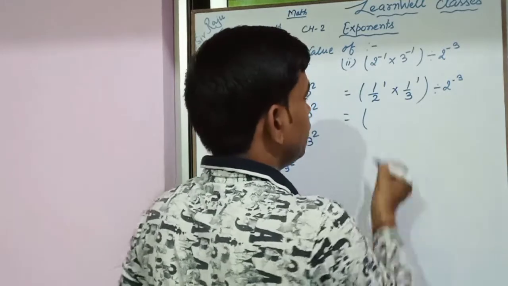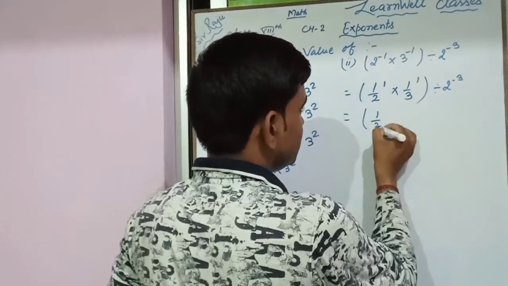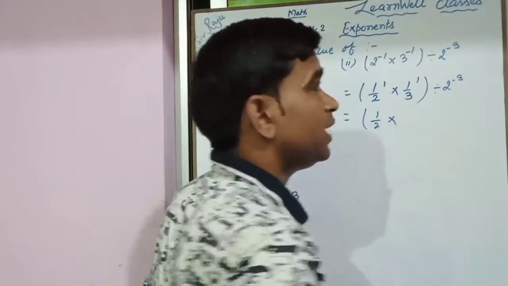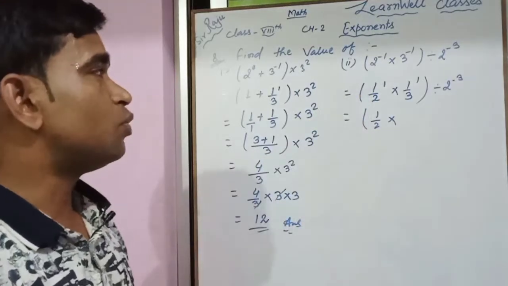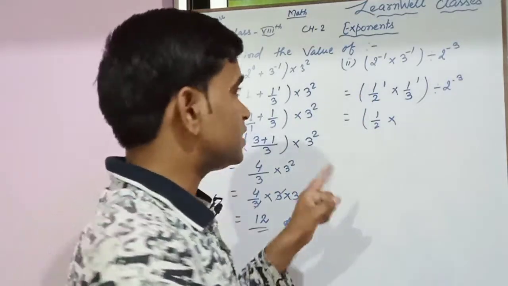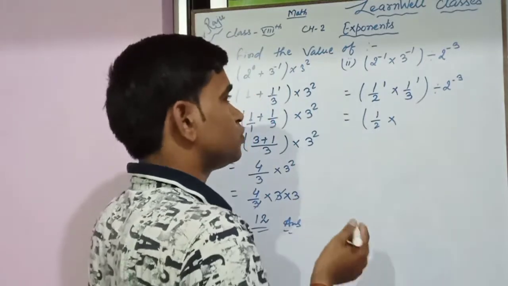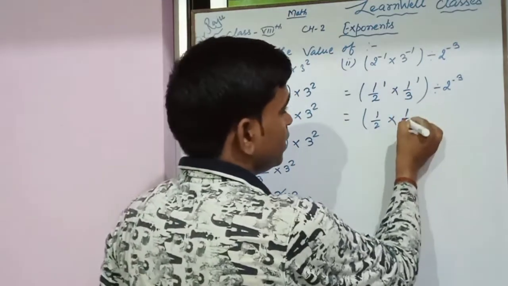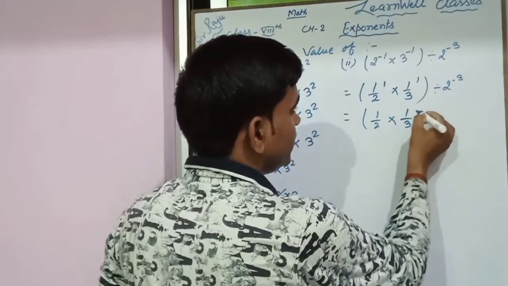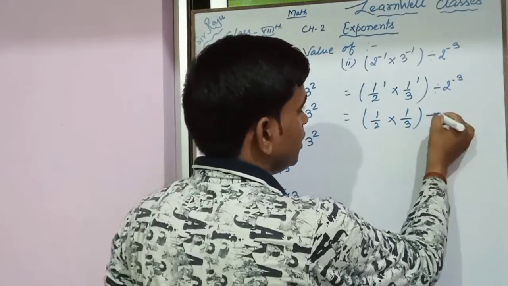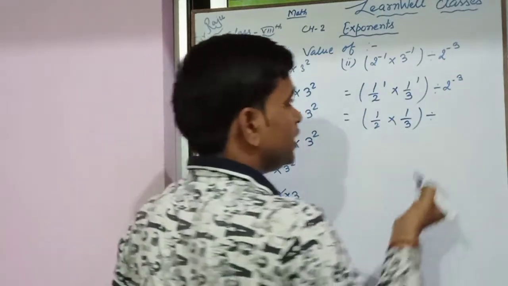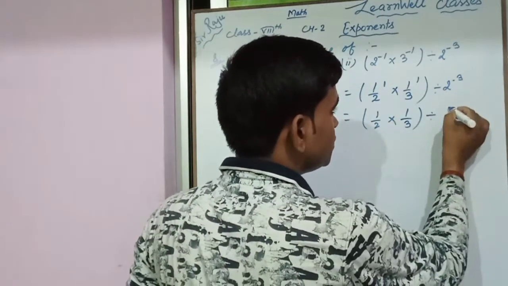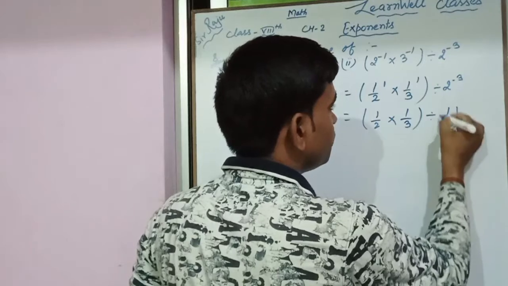When the power is 1, so 1 upon 2 is multiplied 1 time, which is 1 upon 2, and 1 upon 3, divided by, when the exponent is in negative form, then it will be changed into reciprocal form.